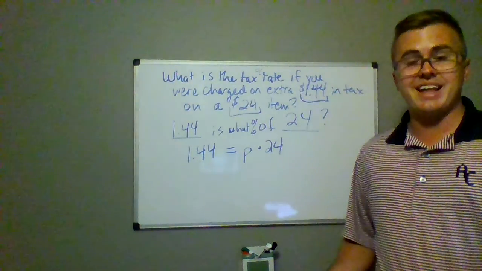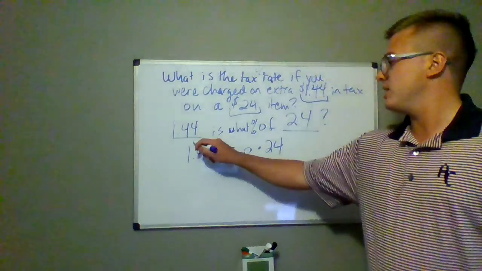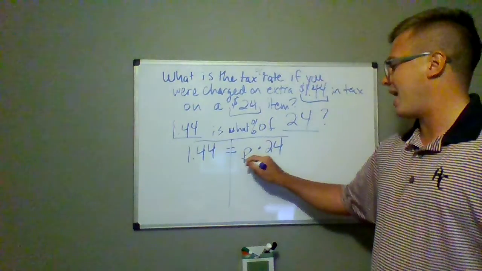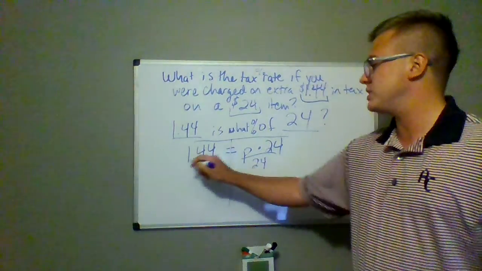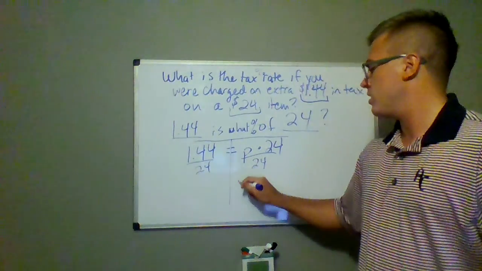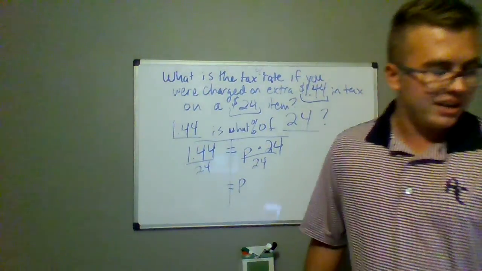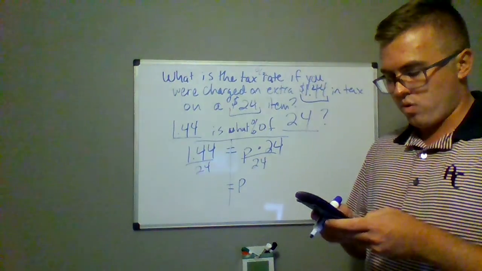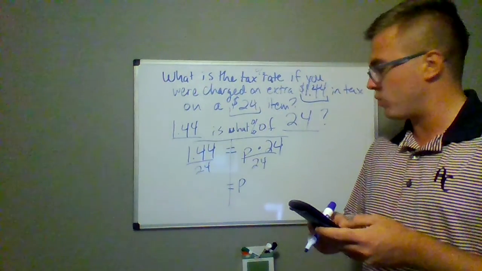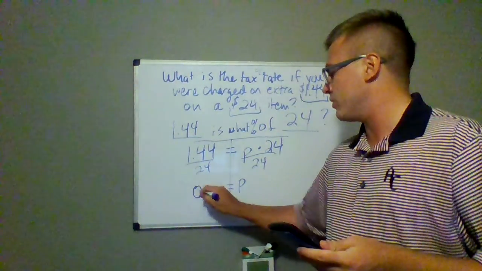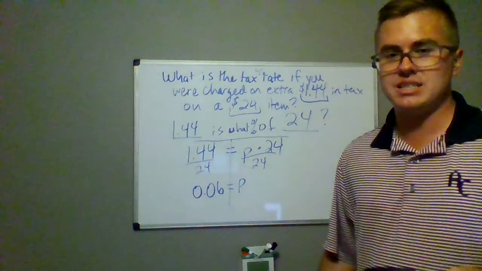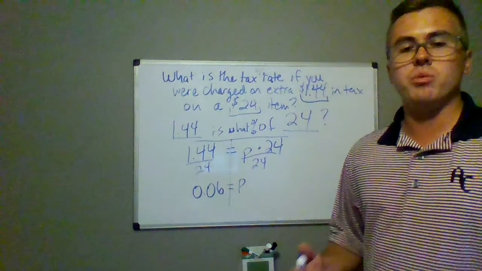So just like in that last problem, all we have to do is make our T-chart and divide. We're going to divide both sides by 24. So P is equal to 1.44 divided by 24, and I get 0.06. But what does that number actually represent?